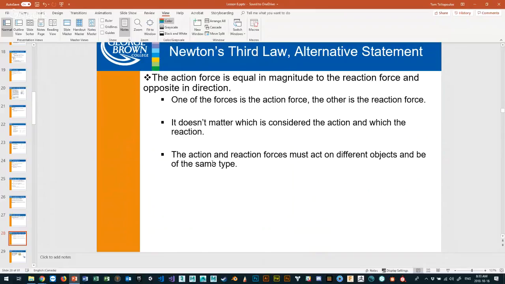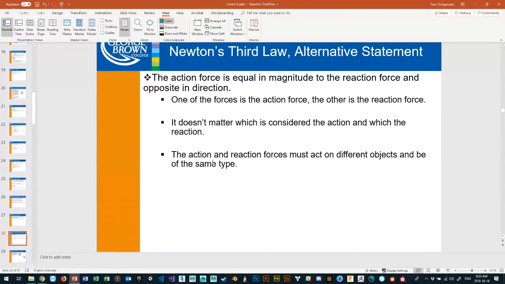So you have a reaction, if you will, where you have one object hitting another object, and they're imparting an amount of energy on each other, and they're going to go back the other way. They're going to hit each other, an opposite and equal reaction. That's what's going to happen. So those are the three laws. If you're going to be asked this on a multiple choice question, you should know what they are, which is: an object at rest tends to stay at rest, an object in motion tends to stay in motion.